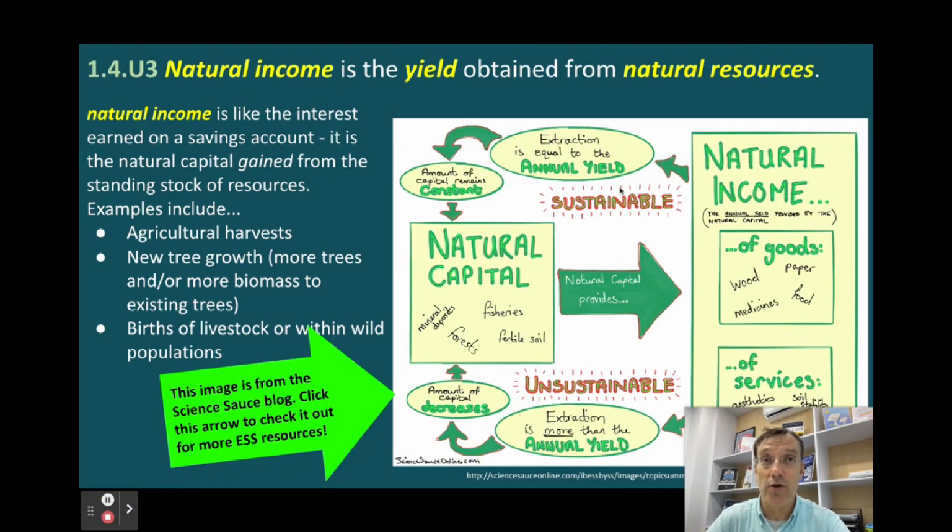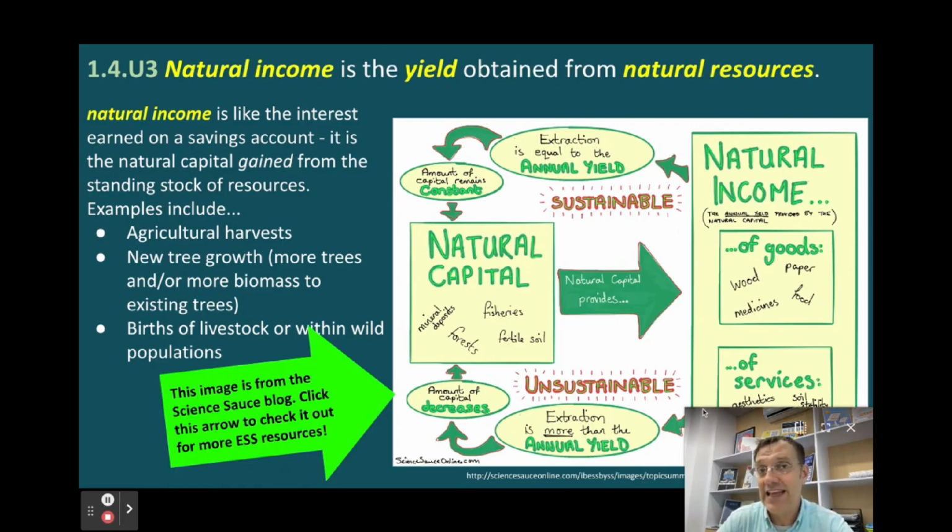And as long as we don't harvest more than what was grown or what was replaced by the natural capital, so that what we started with remains constant, then it's sustainable. Right? If we have a woodlot that grows approximately 1,000 board feet of new timber every year, we can harvest up to 1,000 board feet of timber every year and still maintain our woodlot or our forest.